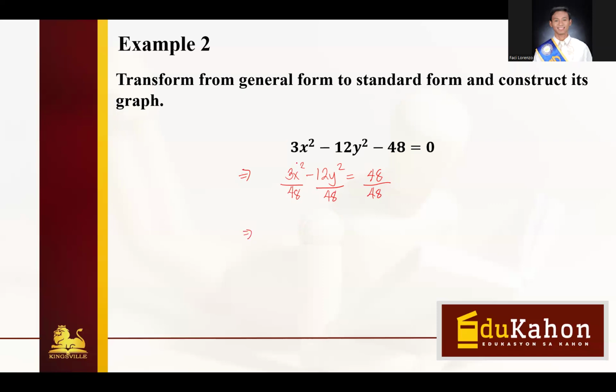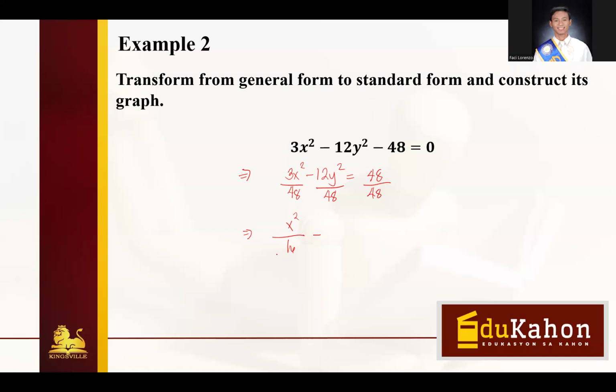So 3x squared divided by 48 is 1 over 16, and this is equal to x squared. Well, this should be x squared over 16 minus 12 divided by 48, that is 1/4.